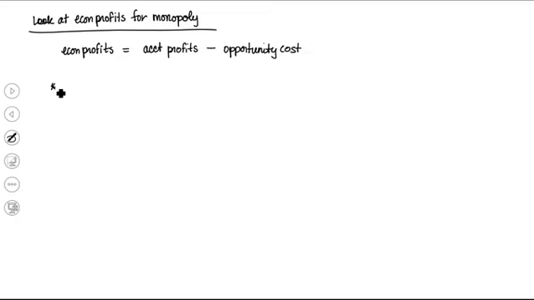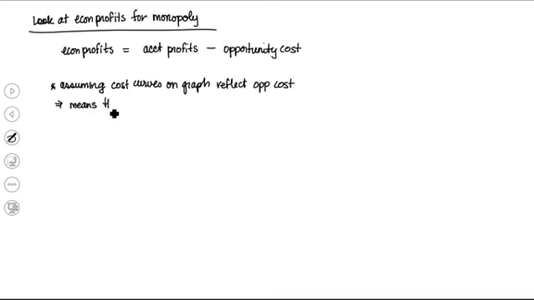Remember, we've made an assumption. We're assuming that our cost curves on our graph reflect opportunity cost, which means they are economic costs.